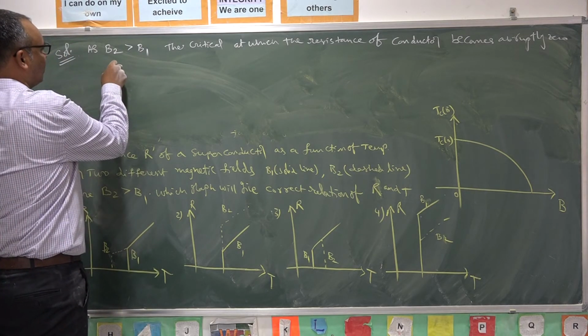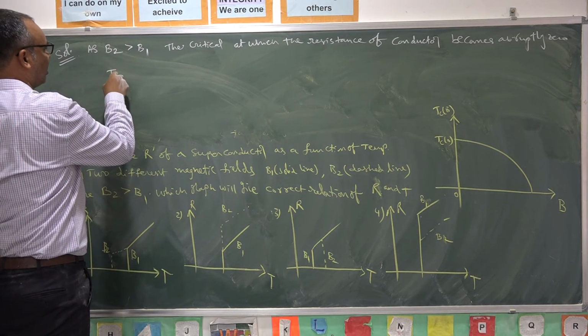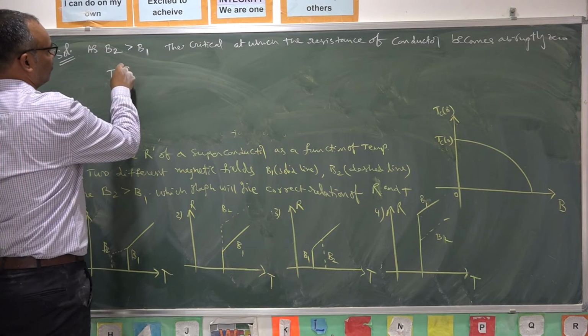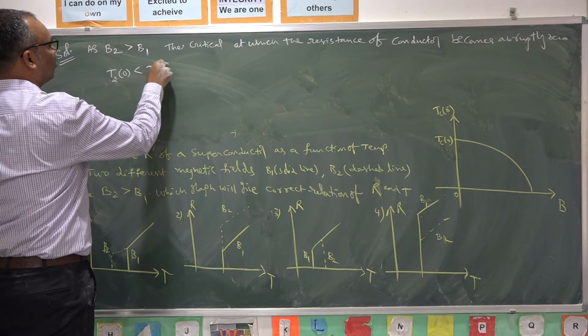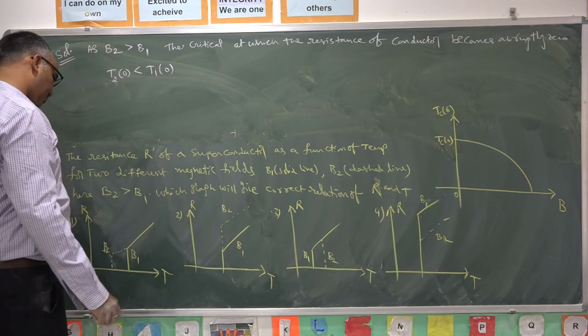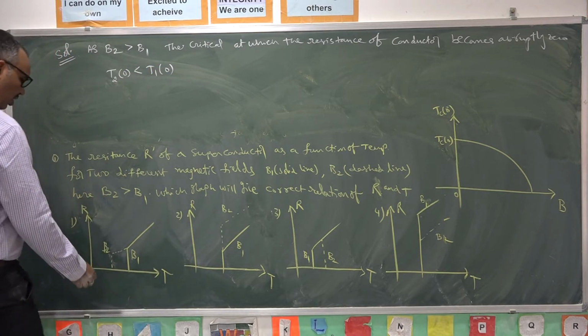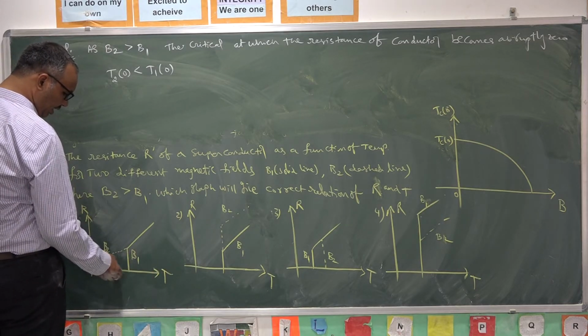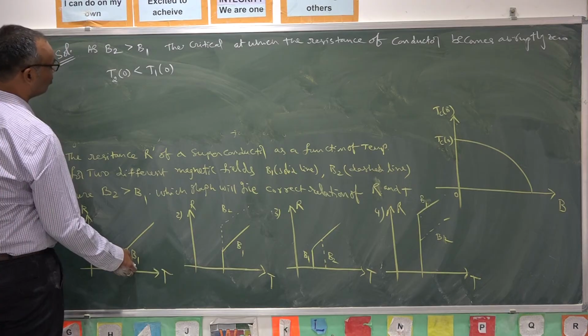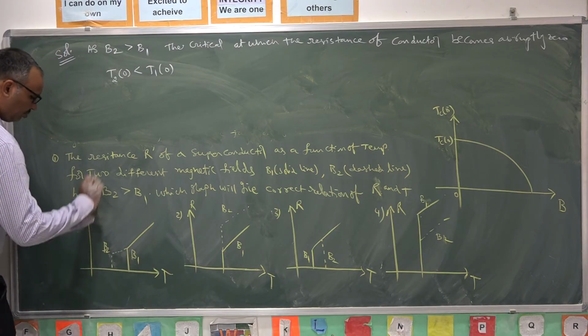For the second case, the critical temperature should be less than the critical temperature in the first case. So here if you see, as you are going like this, temperature is increasing. In the second case, the temperature is less when compared to the first case. So this is the right option.